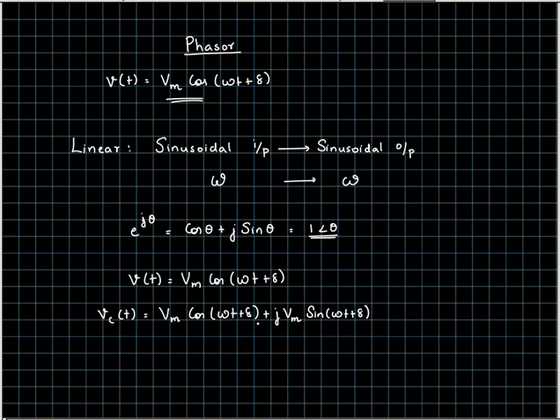So, this is a new complex signal defined from the original signal v(t), and according to Euler's relation it can be represented as Vm e^(j(ωt + δ)). Vc(t) is a complex quantity, so it can also be written in polar form with the magnitude Vm and the angle ωt + δ.